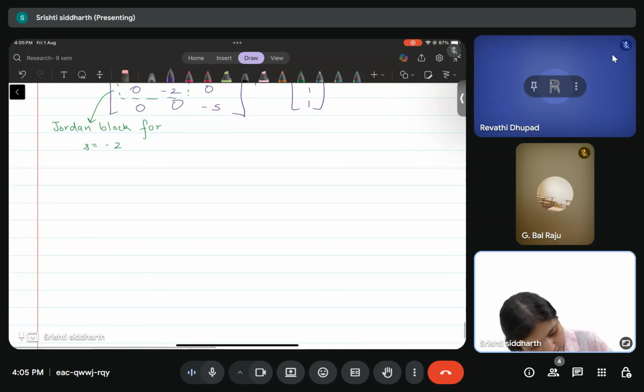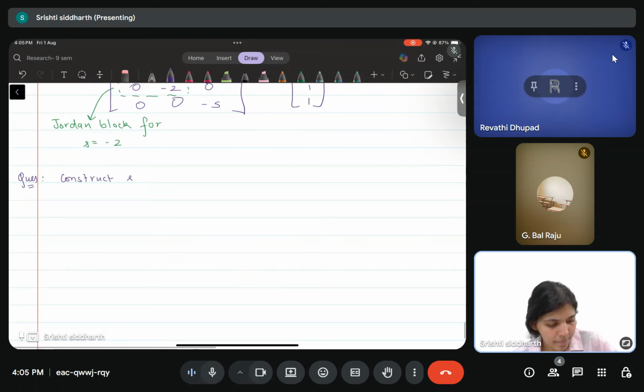Alright. So let's look at another question. Construct state models for the following transfer functions.